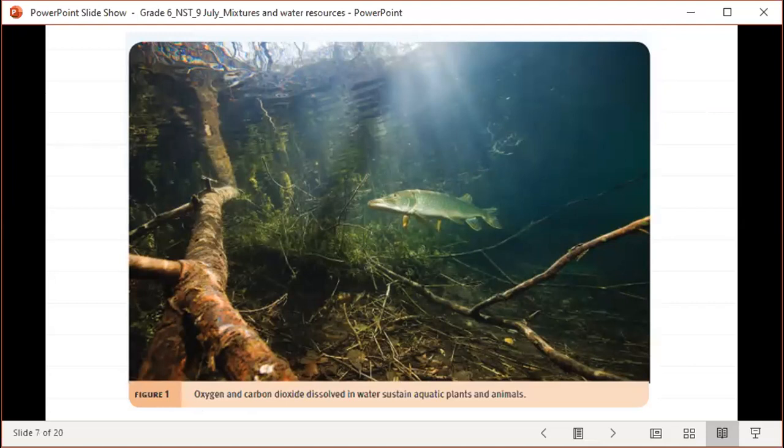Right, so here we have just a beautiful picture underwater. We have a fish. I'm not quite sure what the name of the fish is, but it's quite amazing. And we have some plants here. You guys can just look closely. Have green plants there. All right.